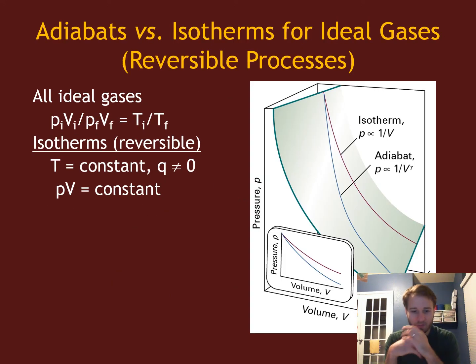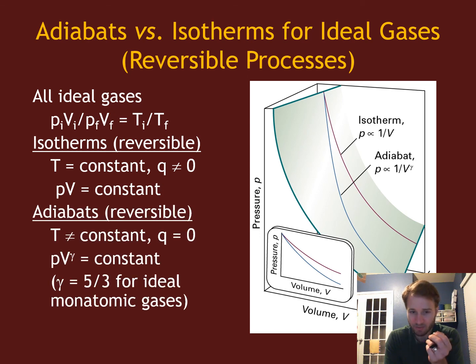And so finally, just wrapping this up, just briefly talking about adiabatic versus isothermal changes. Isothermal is constant temperature, adiabatic is Q equals 0, okay? For isothermal changes, pressure times volume is equal to some constant for an ideal gas.